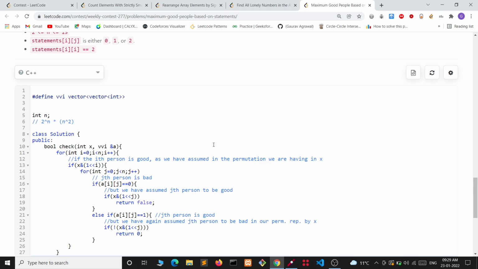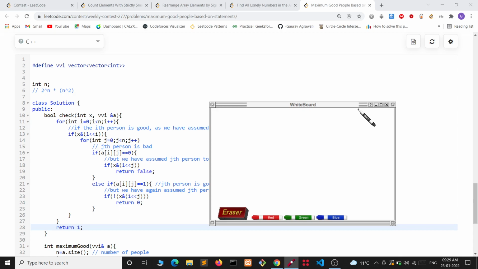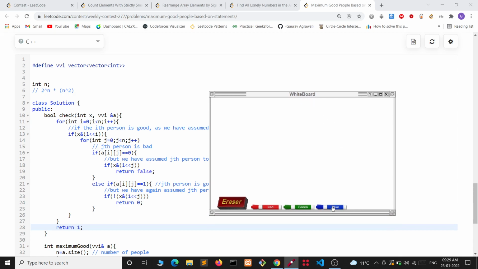Now why is it good? Because we are doing it greedily. If it is a 2, then we are making no judgments about the jth person. But if it is 0 or 1, now there come two cases.